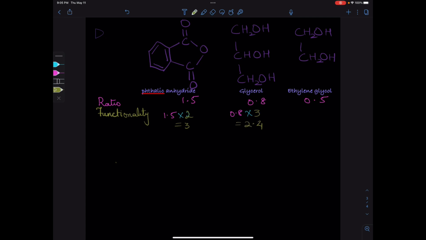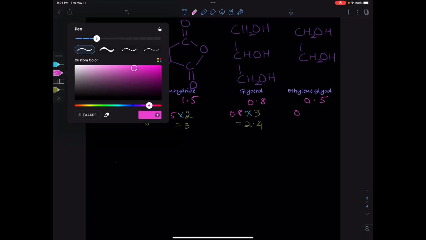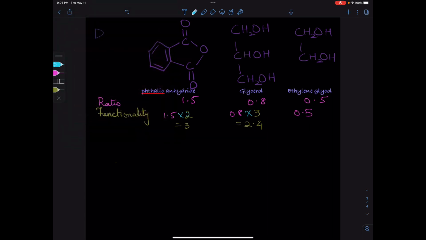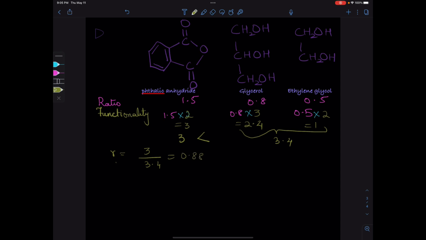And for ethylene glycol, it will be 0.5 times 2, which is 1. So the total hydroxy functionality is 2.4 plus 1, which is 3.4, and the carboxyl functionality is 3, so 3 is less than 3.4. So when we find R, we want to have the carboxyl functionality in the numerator and the hydroxyl functionality in the denominator, and we get a value of 3 over 3.4, which is 0.8824.